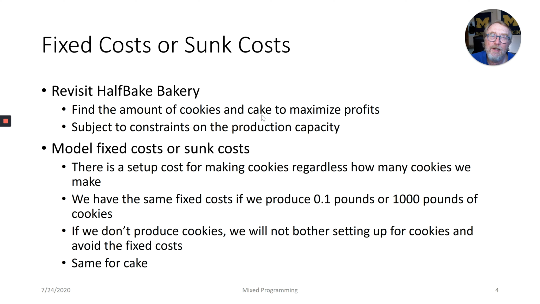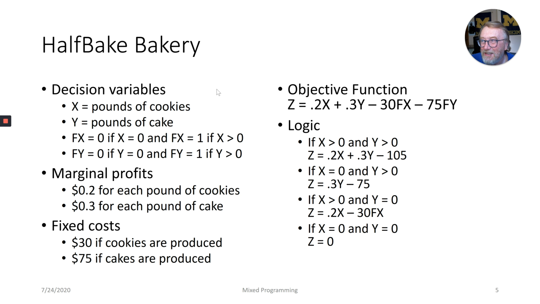If you make even a tiny bit of cookies, you have to set it up and you still have the fixed cost. Same thing for cake. If you make no cake, no fixed cost. If you make some cake, regardless of how much, you still have that same setup, the same fixed cost. This is also sunk cost because, hey, if you went through the setup, but you decide, hey, I don't want to make anything, you still have the cost. So not a good thing.